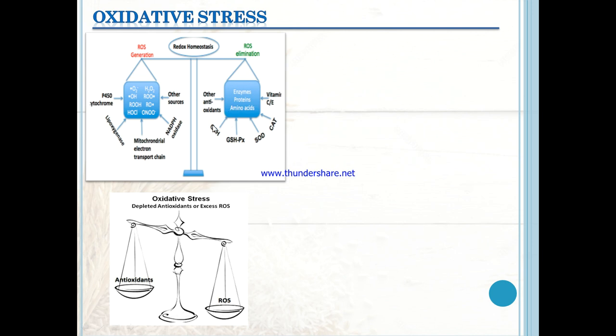Similarly, the different antioxidants present in our body play an important role in maintaining the level of free radicals at a normal level.